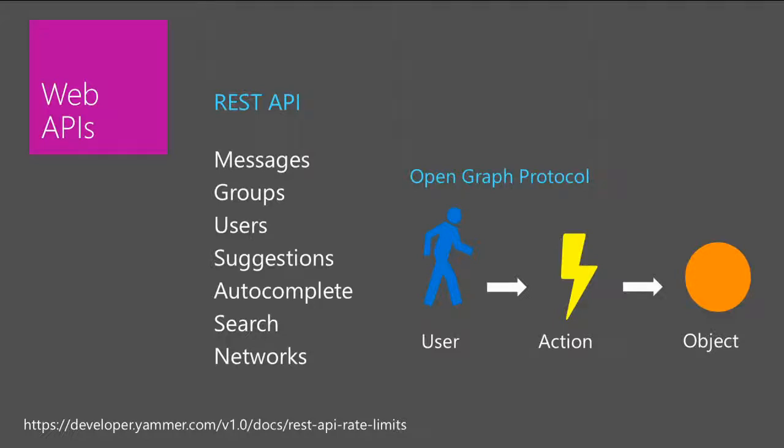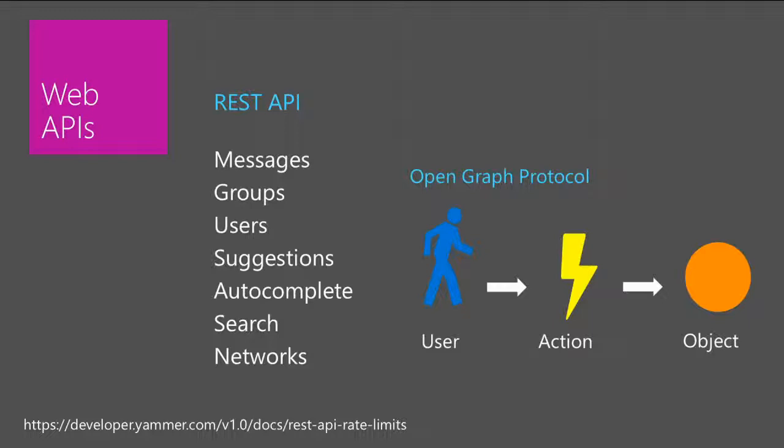We have a REST API. With the REST API, we have a variety of endpoints that gives you access to messages information, groups data, users, and network data. Once you've set up authorization for your application, you can then start writing user activity leveraging our Open Graph protocol. Our Open Graph protocol, something that you may be familiar with, is a very simple protocol that allows users to have an activity on some form of an object.